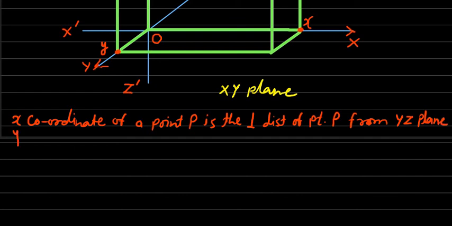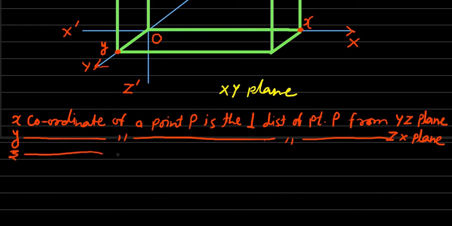Similarly, the y coordinate of point P will be the perpendicular distance of point P from the ZX plane. And finally, the z coordinate of the point P is the perpendicular distance of point P from the XY plane.